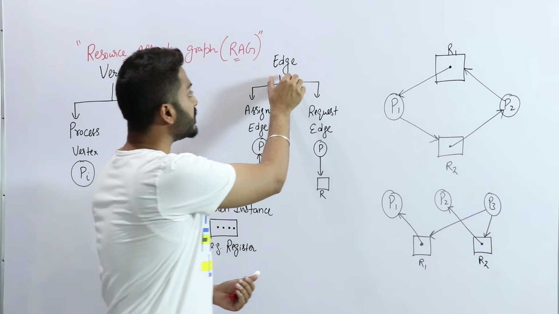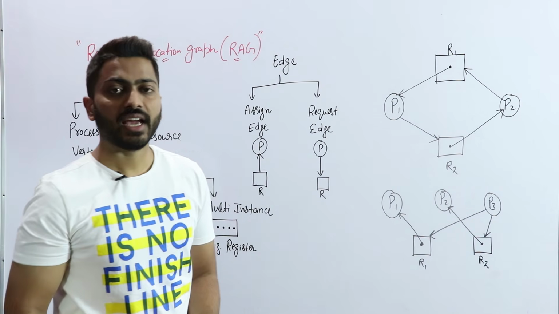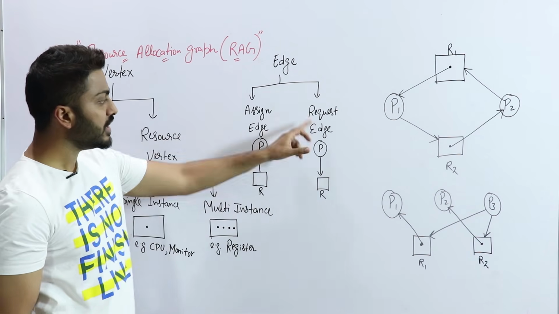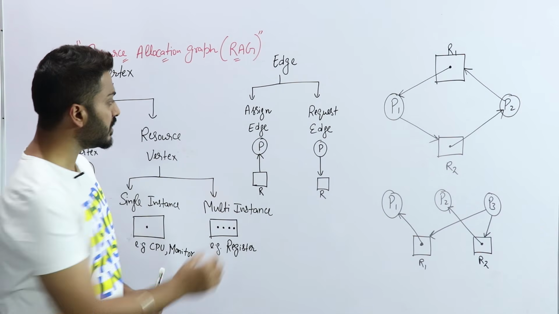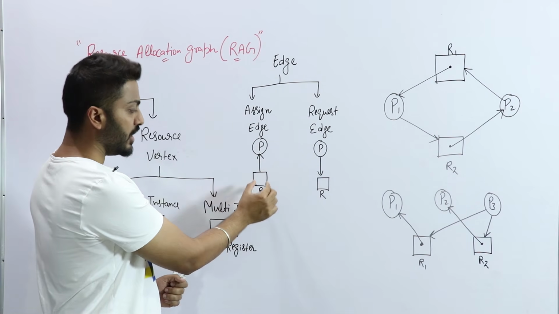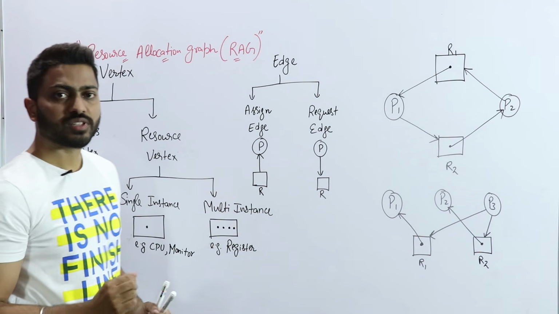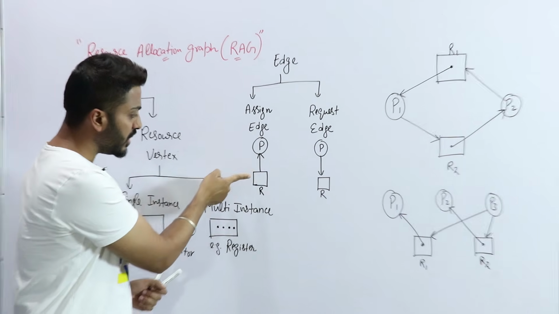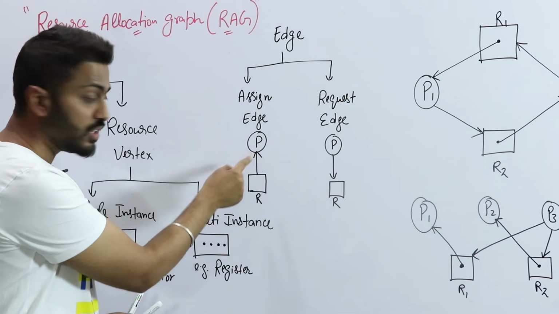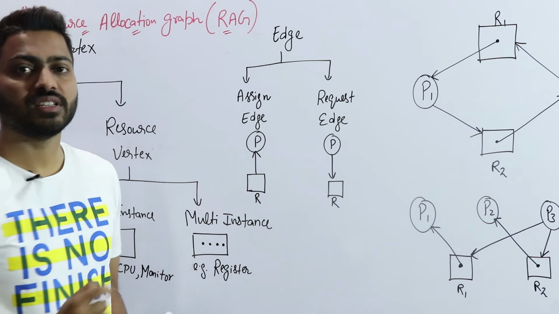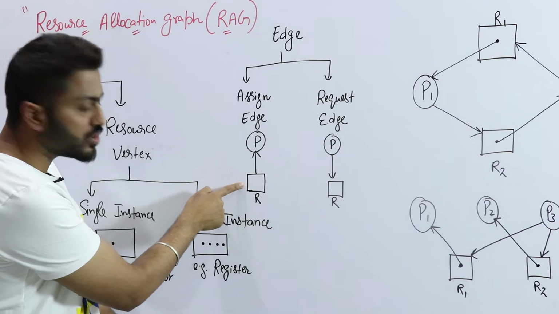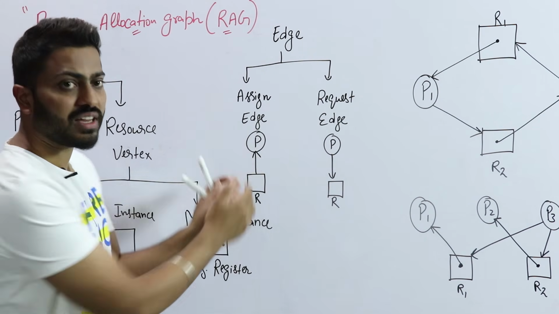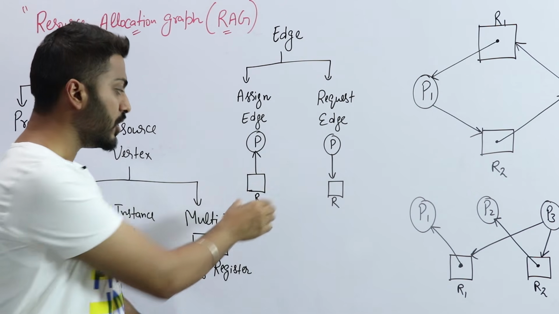And edges, what do they represent? Edges represent two things: one is an assigned edge, one is a request edge. Assigned edge means a resource is connected with a process, and if there is an edge moving towards the process, it means that resource is assigned to the process. That process has already taken that resource.